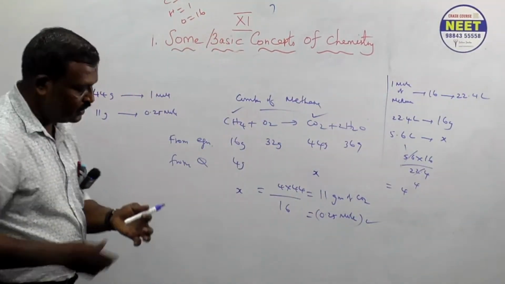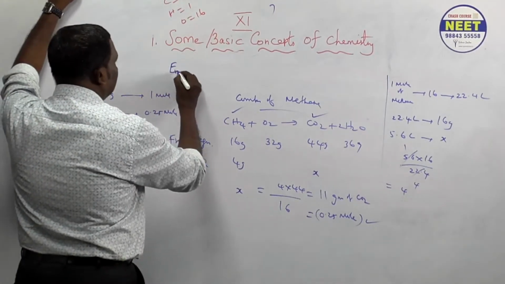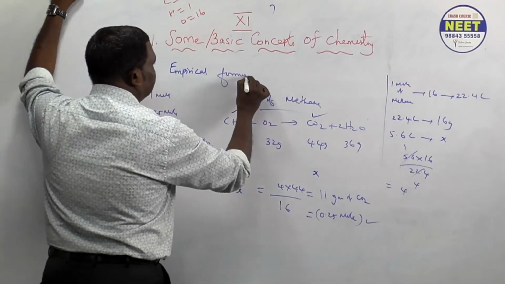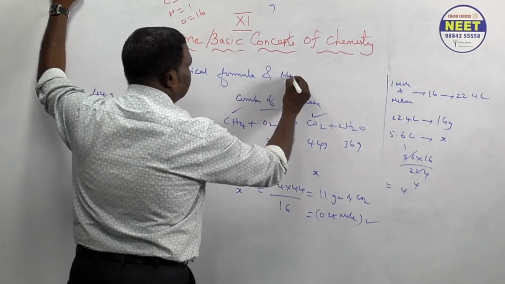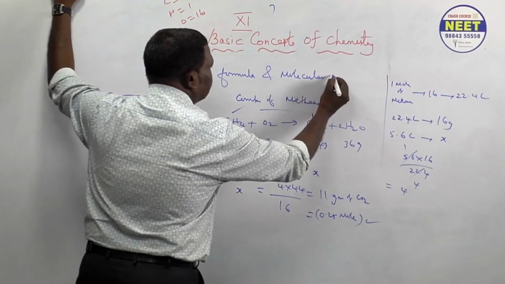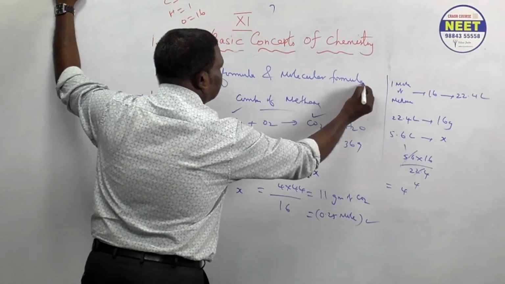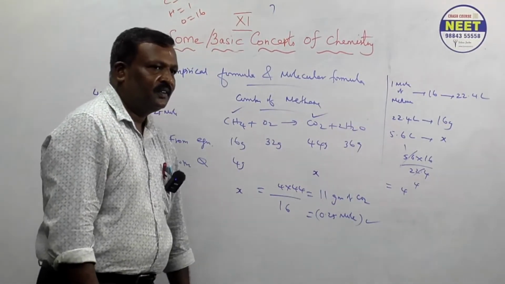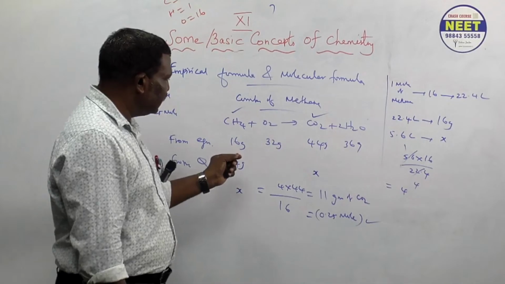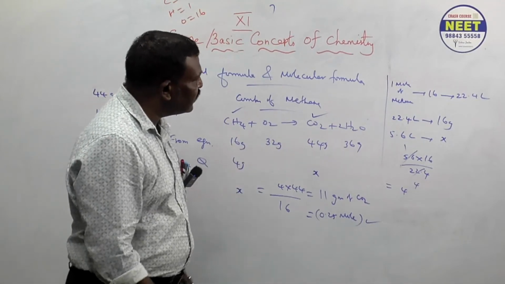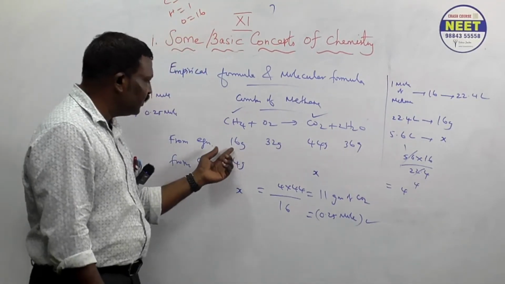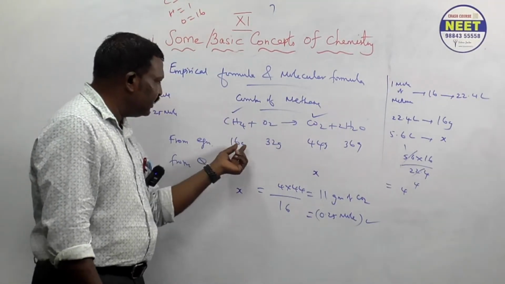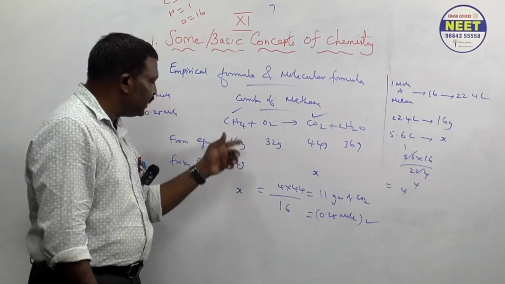Another one is empirical formula and molecular formula. Same sums we can do in a different way also. Here I put one extra step, but directly you can do. Liters is given, usually we write grams, but the question is how many liters?